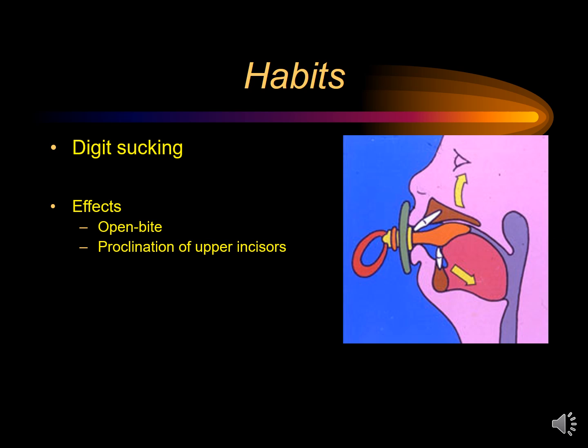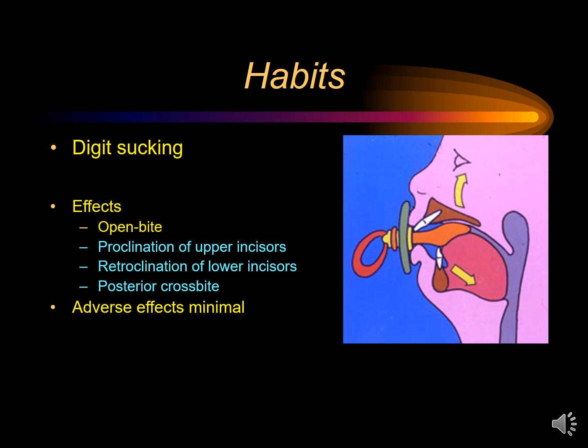It can cause proclination of the upper incisors, again due to the force of the digit on the upper incisors, and similarly it can cause retroclination of the lower incisors, and it can also cause a posterior crossbite. Now, the adverse effects remain minimal if the habit is stopped before 6 years of age.